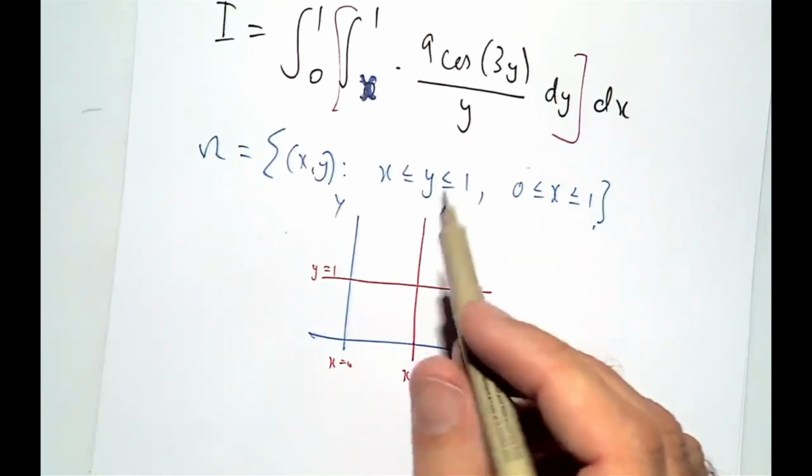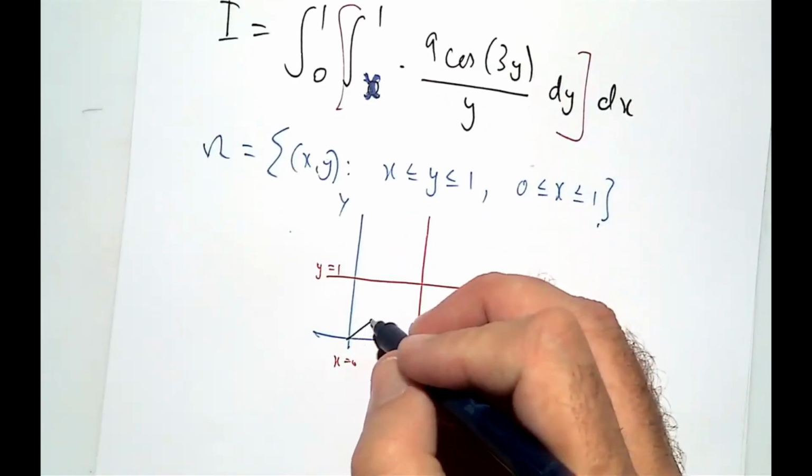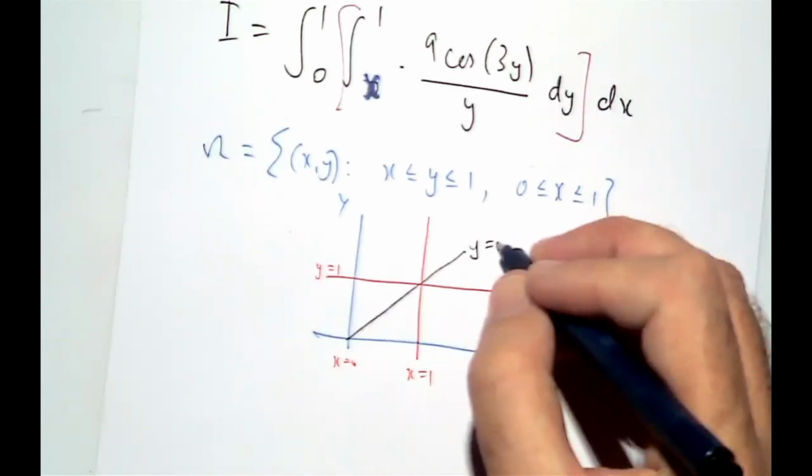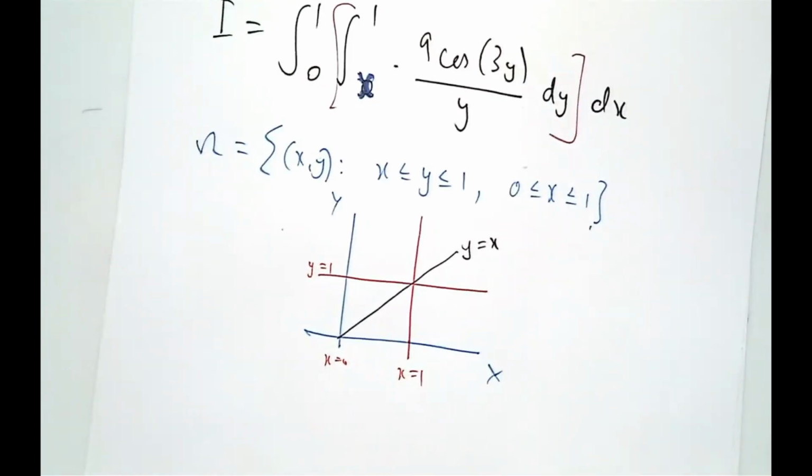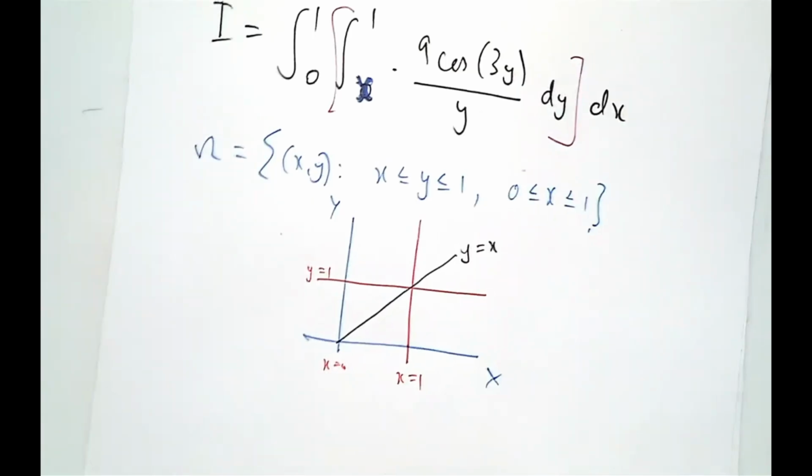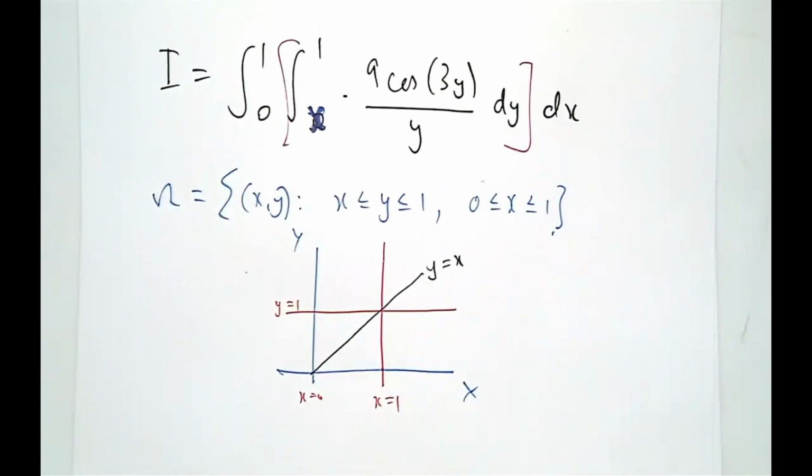Draw the line y equals x. Okay. So you said that it was a triangular region. There's two triangles there. I'm confused. Which one is it? Is it the top one or the bottom one? The left one or the right one?